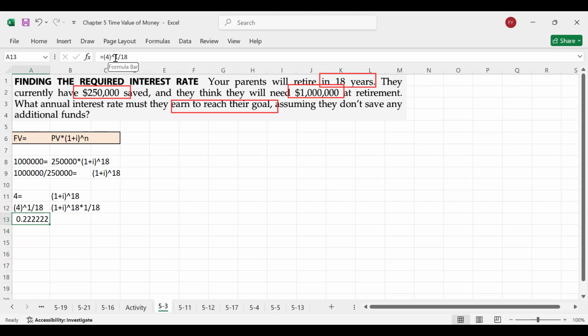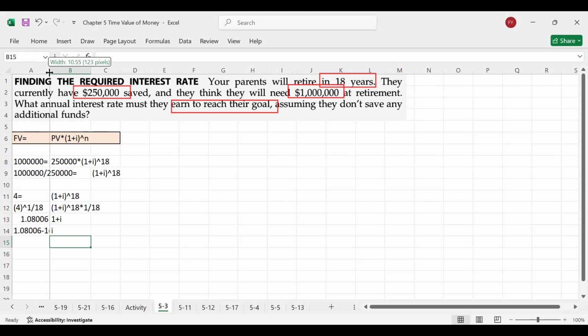You can take this in the bracket. On the other side, this 18 is cancelled by 1 over 18, so we just have 1 plus I. So we take this 1 to the other side of the equation: 1.08006 minus 1. On the other side, we have the interest rate.